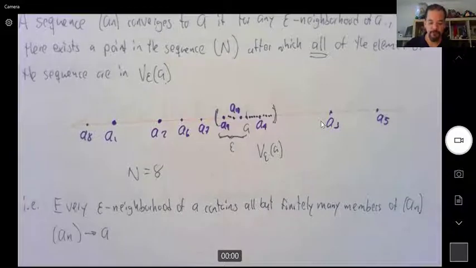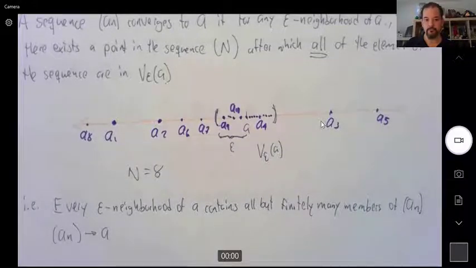So the N is like the index of how far you have to go in the sequence? Precisely. You couldn't have said it better. The capital N is the index after which every element is guaranteed to be within epsilon of what we believe the limit is. We'll do some examples, and I'll show you what's written in the book, a general guideline of how you can show convergence.